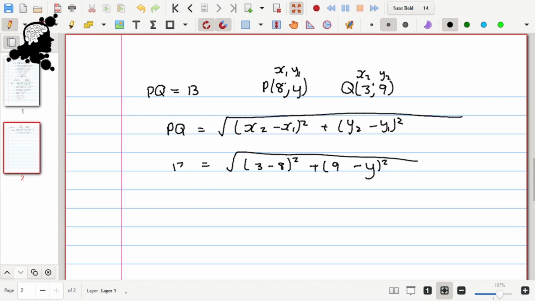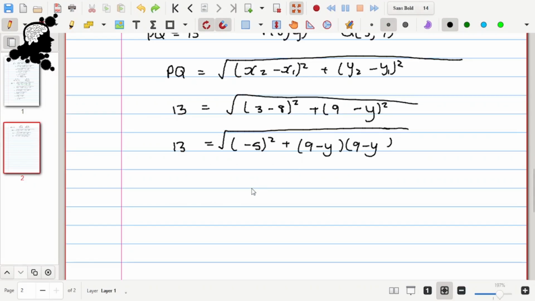By the way, this is 13, so let's continue. 13 will be equal to the square root of 3 minus 8, that will be negative 5 squared plus. Now notice that we've got a bracket squared. If you can remember from products, we are supposed to multiply out the bracket. So 9 minus y, 9 minus y. 13 will be equal to the root of, we've got a product here, so we need to multiply out the bracket.